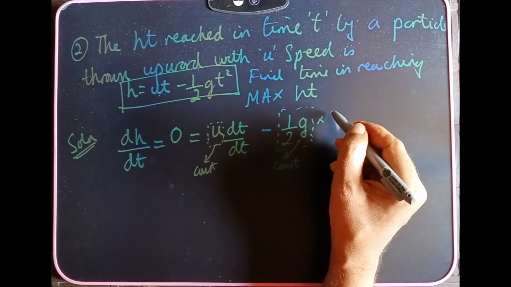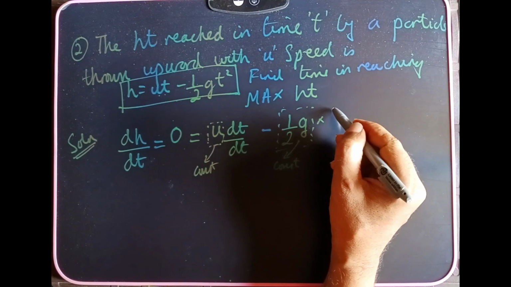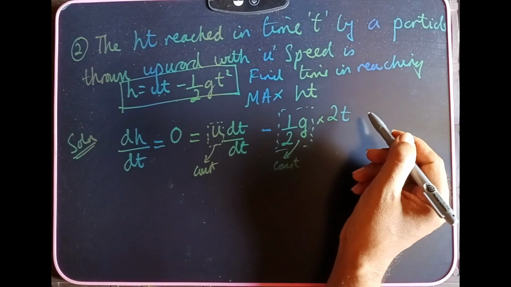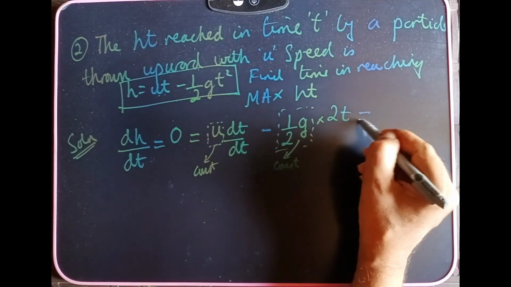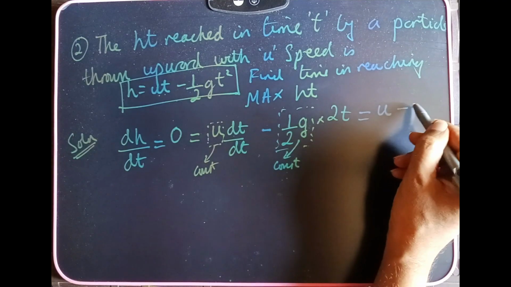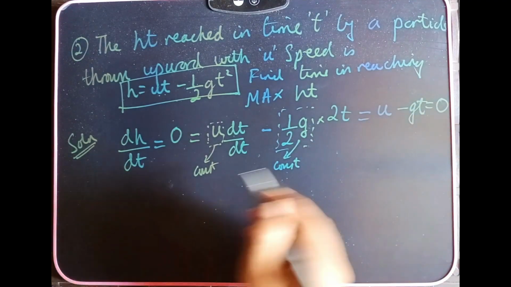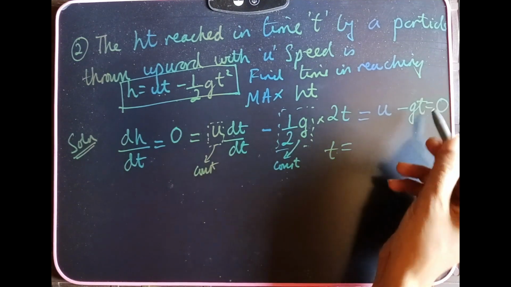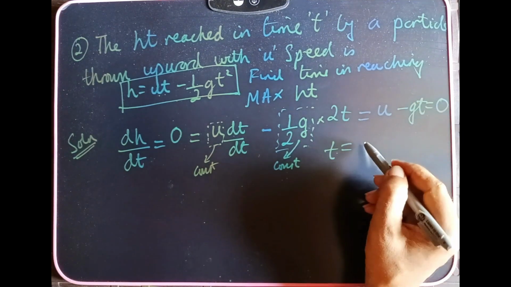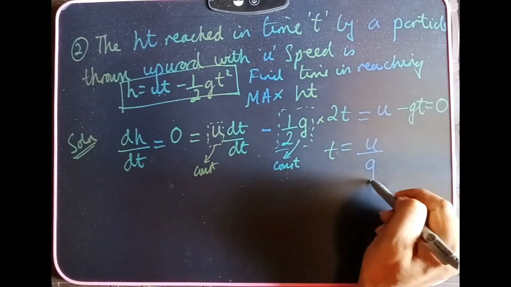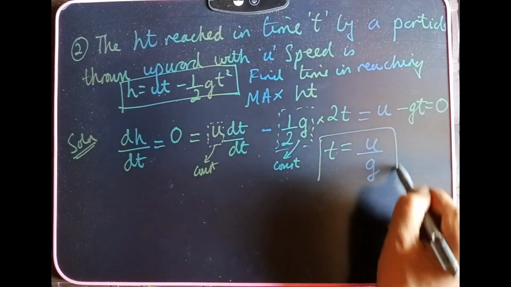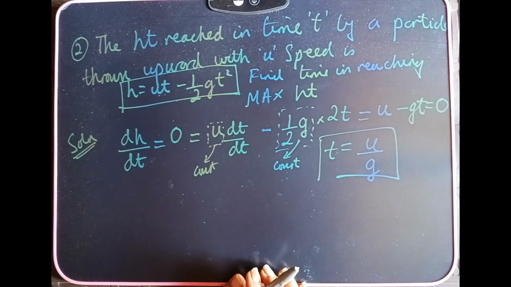Then time is a variable here. So 2t, right? So what you will get? You will get u minus gt is equal to 0. So hence, if you take it to this side, you will get time t is equal to u by g, right?